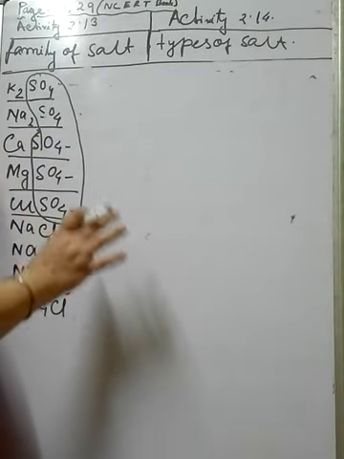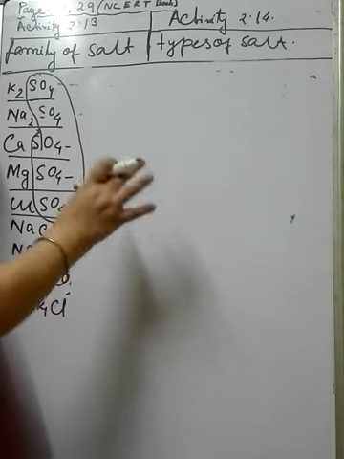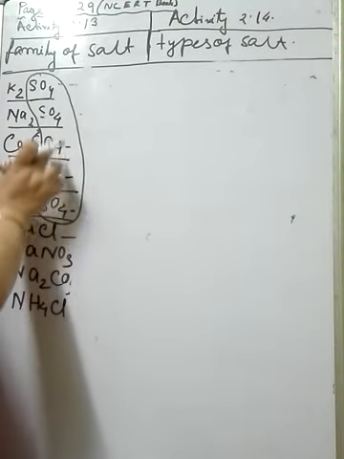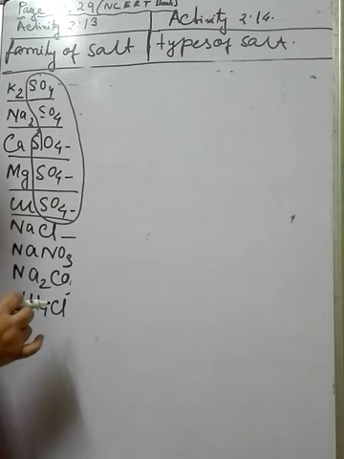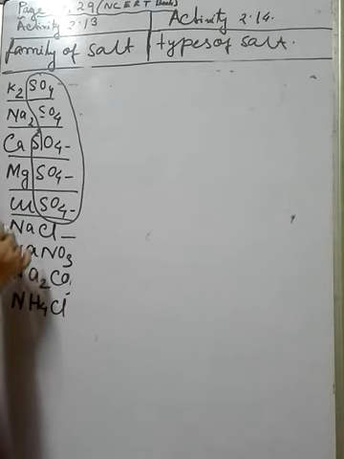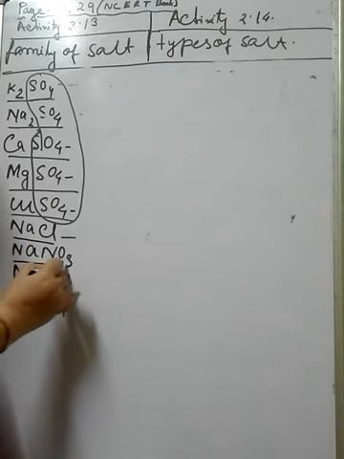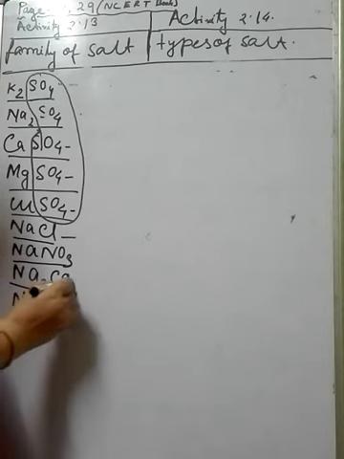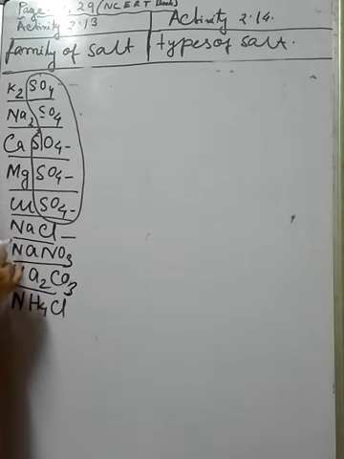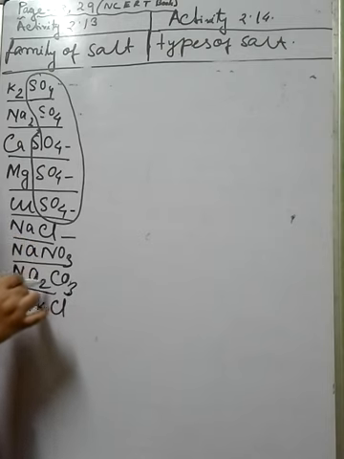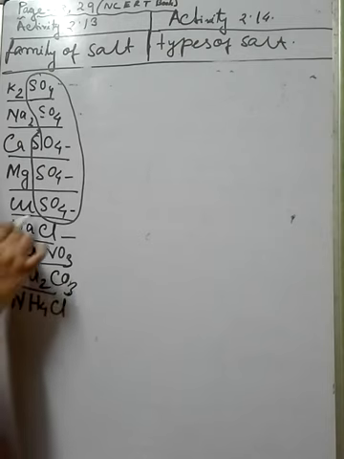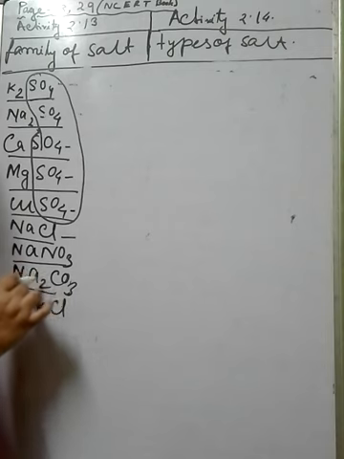If a question asks you to give one example of a sulfate salt, we can give any one example of these. Similarly, see these three: sodium chloride, sodium nitrate and sodium carbonate. In these three salts, the cation part is the same, sodium. All are sodium salts, so they belong to the sodium salts family.